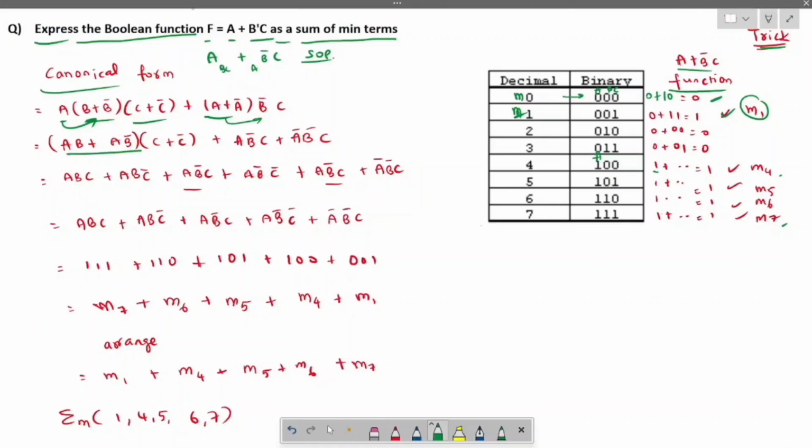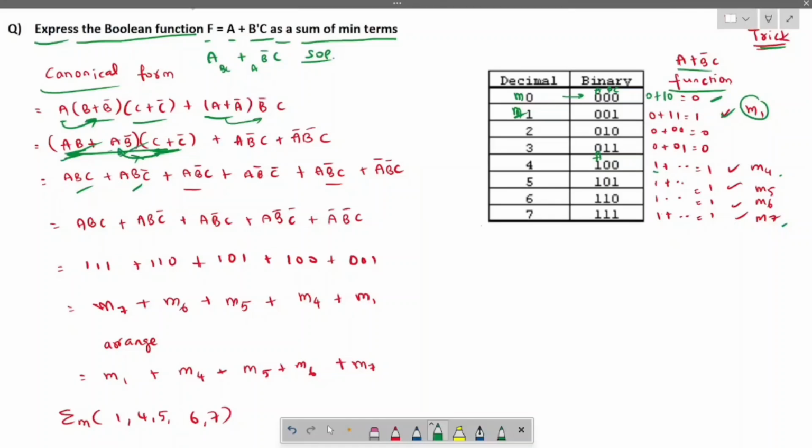Now do the multiplication. First with this term: abc plus abc'. Then with this: a'b'c plus a'b'c'.